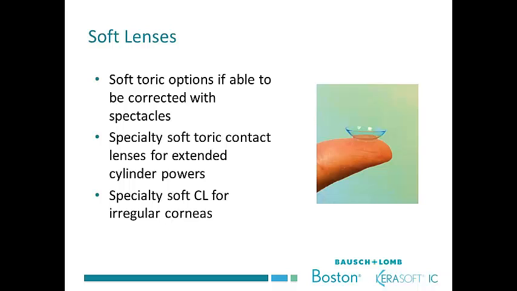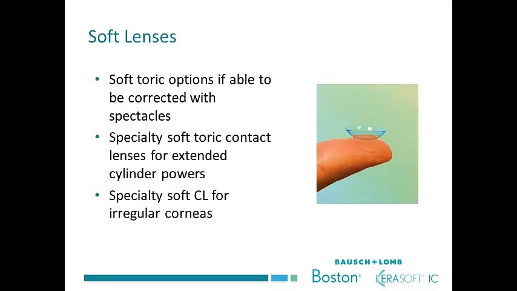Now, there are specialty soft toric contact lenses that are lathed custom toric lenses that can expand the cylinder powers for you, especially in patients that have irregular corneas. They may have higher levels of astigmatism, and while it may be irregular astigmatism, you might still be able to effectively correct them to functional visual acuity levels with a regular toric option.